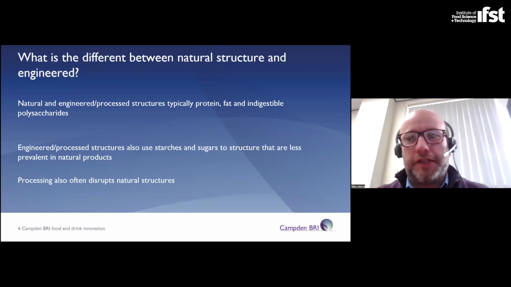One of the big differences between engineered and processed structures and natural structures is the use of things like sugars and starches to create structures. Much less prevalent in nature, the use of starches and sugars to create structures, and that's because nature tends to be quite wet.